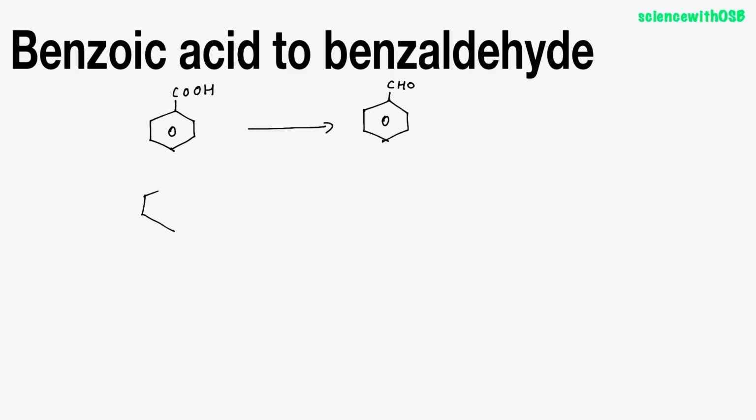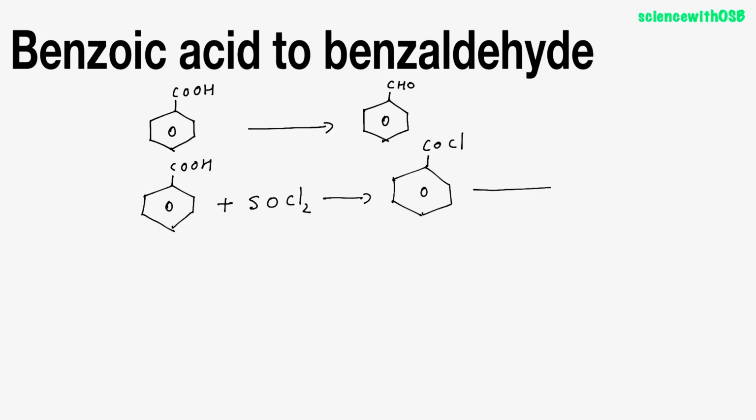We start with benzoic acid, right? Now we are converting it to benzoyl chloride by adding SOCl2. So we are getting what? Benzoyl chloride. Then see, Rosenmund reduction, you remember, right?